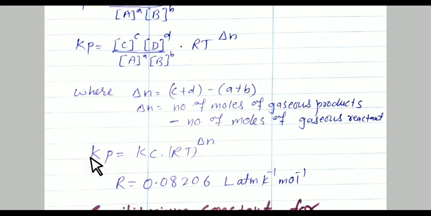Means Kp is equal to Kc into RT to the power delta N. All of you know R is the universal gas constant and having the value 0.08206 liter atmosphere per Kelvin per mole. So this is the derivation in which we derive the relationship between Kc and Kp.